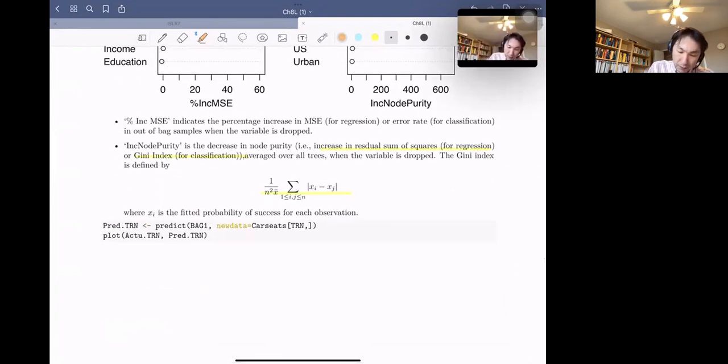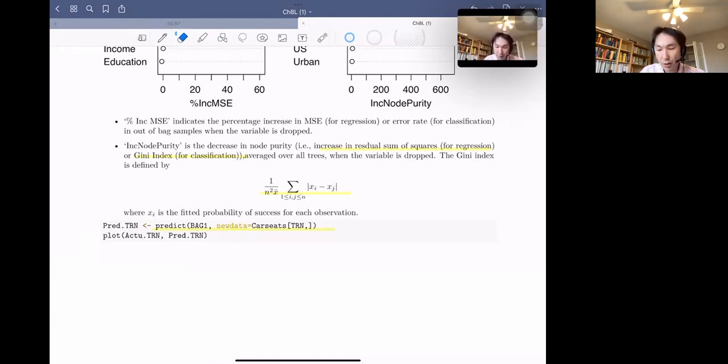We can use the predict function to get the predicted value. This is continuous predictions, since this is regression, so we just calculate the fitted value.